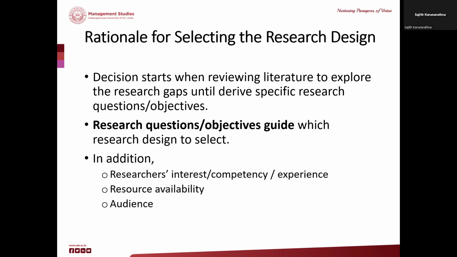First my supervisor, second my examiners, then the panel, then the peers. We need to satisfy the audience, so I'll select Conti. Based on the audience also, we select a particular design. These are the factors we consider when selecting a particular research design.